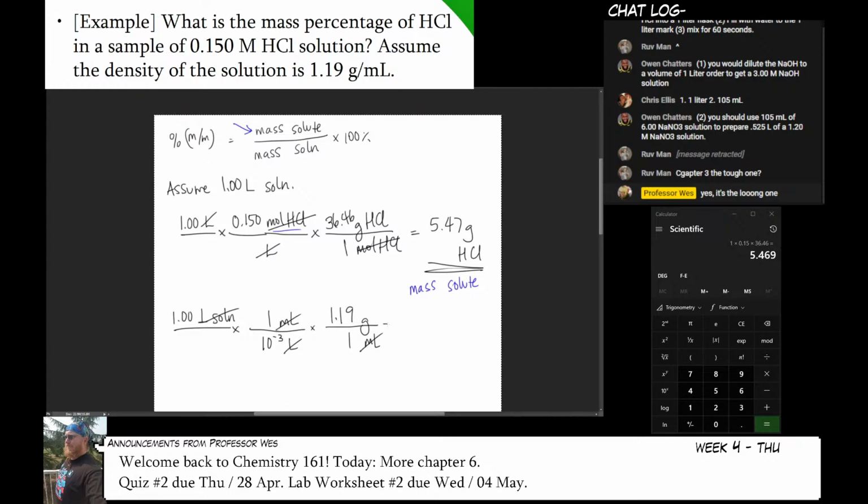So this would tell me the mass of the solution, because it is both the water component and the HCl component. So 1 divided by 10 to the minus 3 is 1,000, times 1.19. My total solution mass is 1,190 grams, and that would be the mass of the solution.